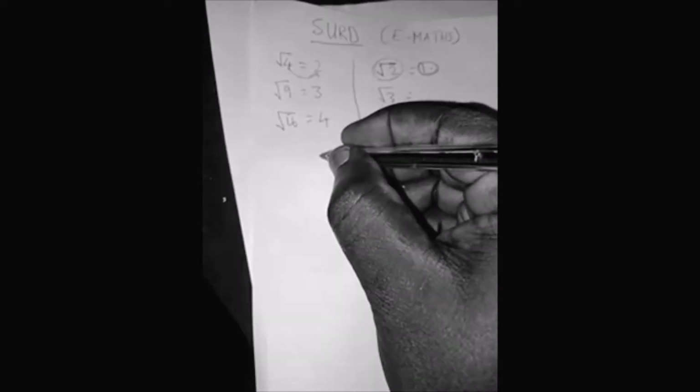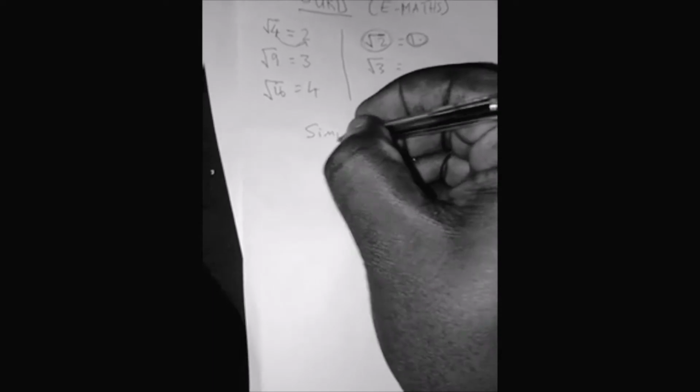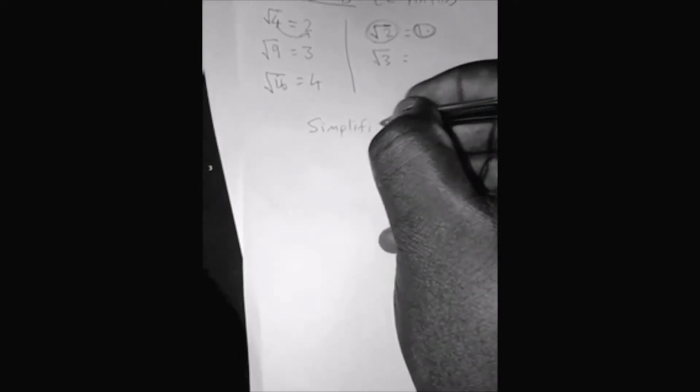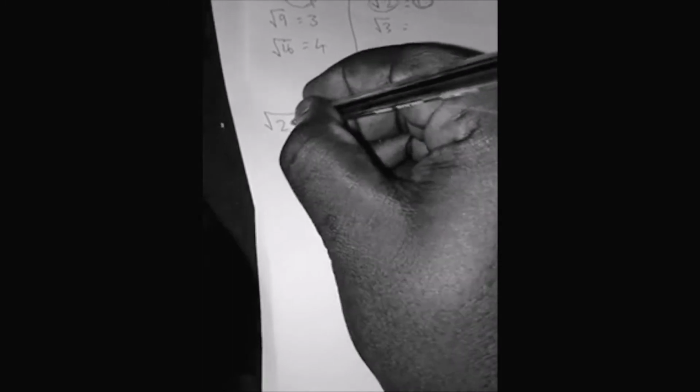So now, let's try to base on how we can simplify surds. Let's get to simplification. I'm having root of 20 and I've been asked to simplify it.